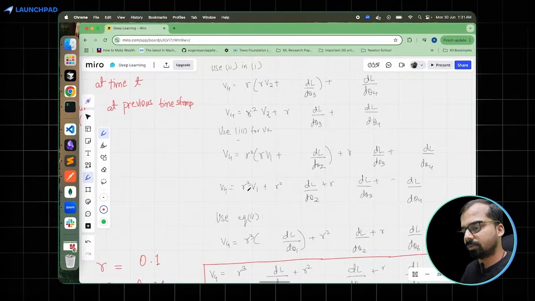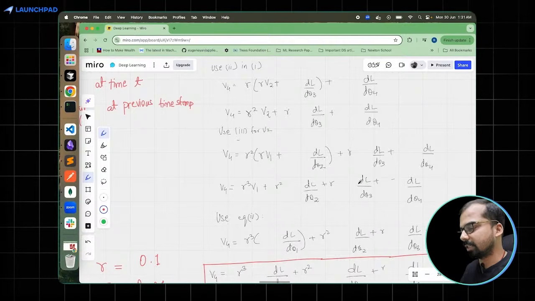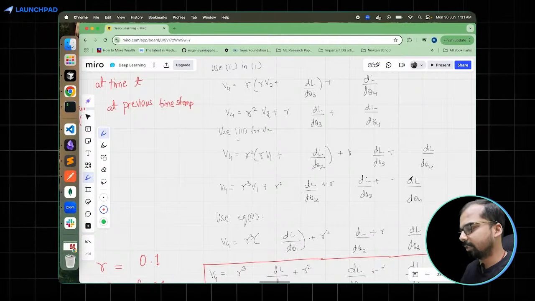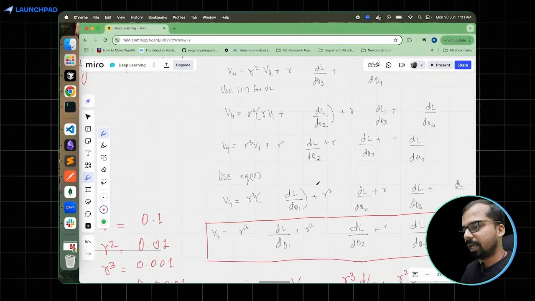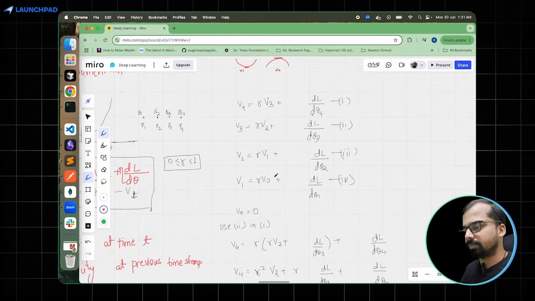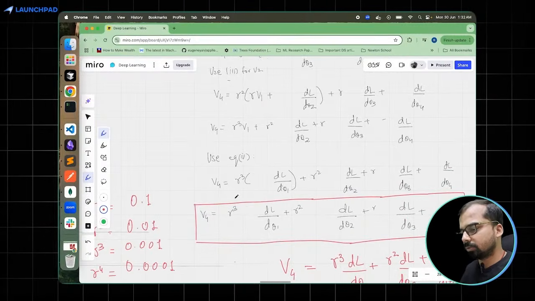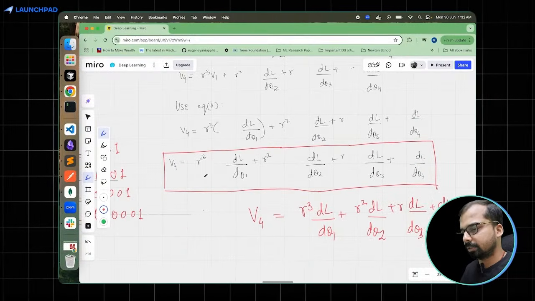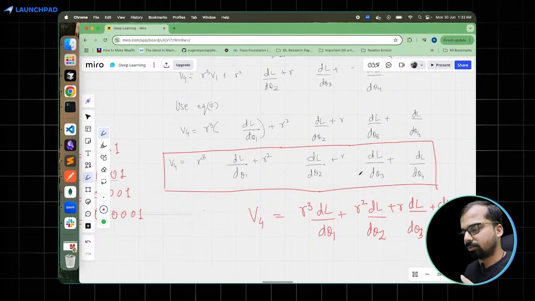So V4 equals gamma cube V1 plus gamma square dL by d theta 2 plus gamma times dL by d theta 3 plus dL by d theta 4, right? And now I have V1, so I'll use V1's value from equation 4, and V0 is actually 0, right? So in short, if I solve this, you can use pen and paper and try to solve it.